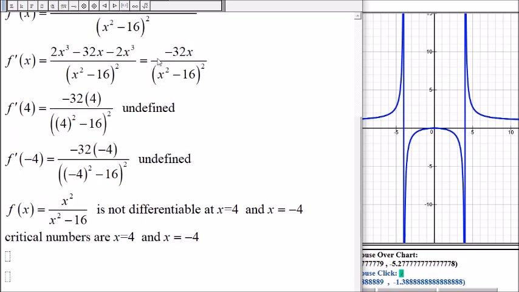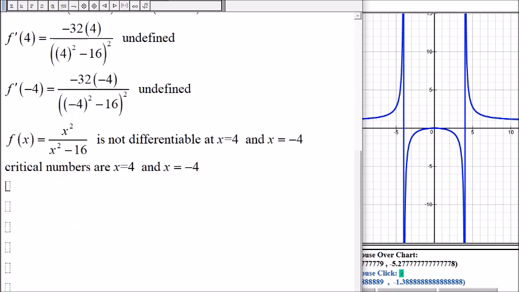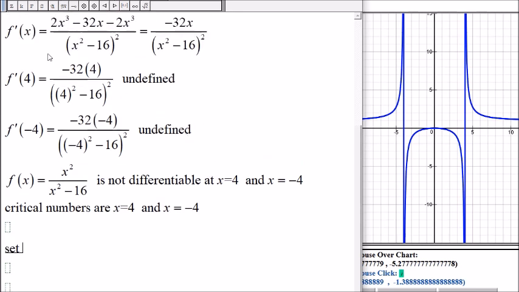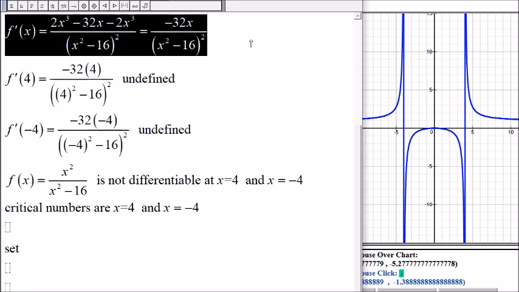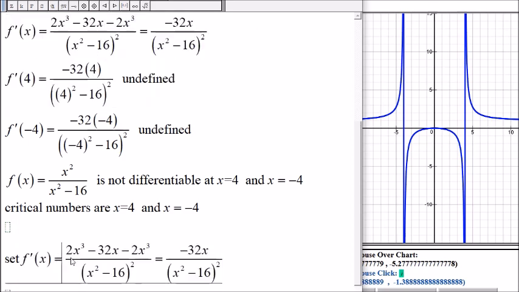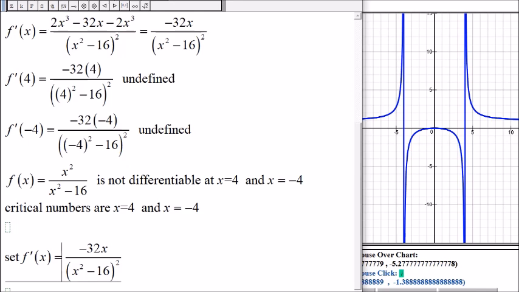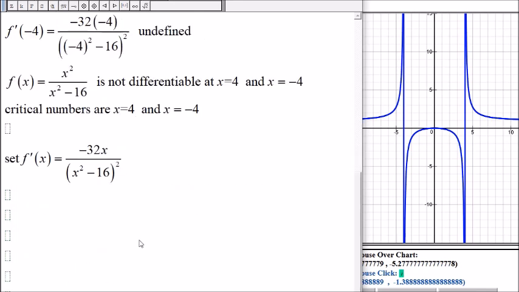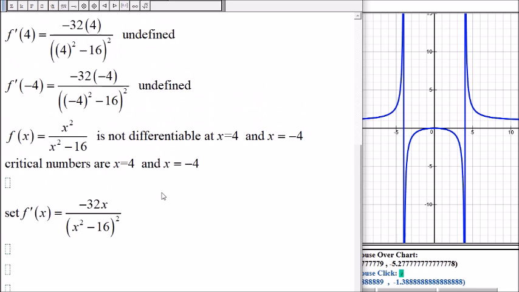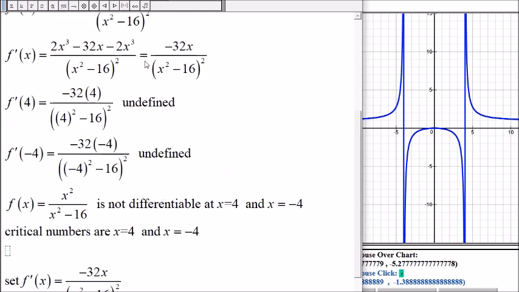And then the other way to find the critical numbers is to set the derivative equal to 0. So once again, two ways to find critical numbers. Look at the derivative here, and then find values that we can let x be so that the denominator is 0.